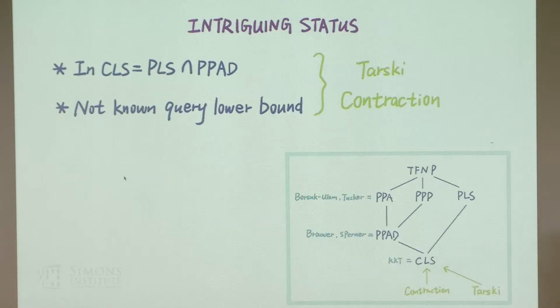They have an interesting status where we know it is in CLS and we don't know how to prove a query lower bound for these two fixed point problems. And probably you have heard about Tarski a few years ago from Kusha's talk about the Tarski fixed point. And currently we still don't have an improved query lower bound since his talk.